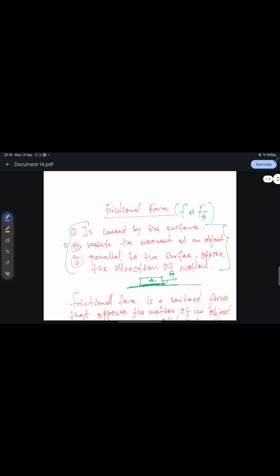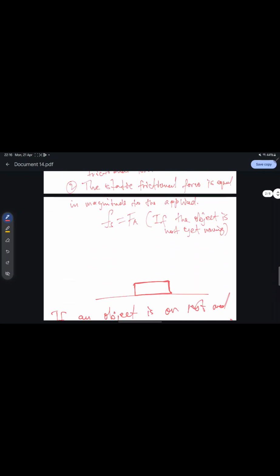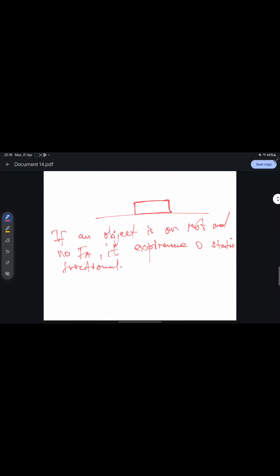The motion of an object. So for a frictional force to happen, there must be a force applied, which means if there is no force applied, then the object is just there, at rest. I can push the object and it still remains at rest.